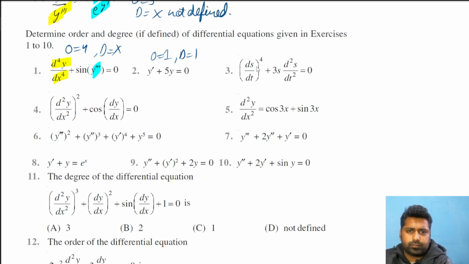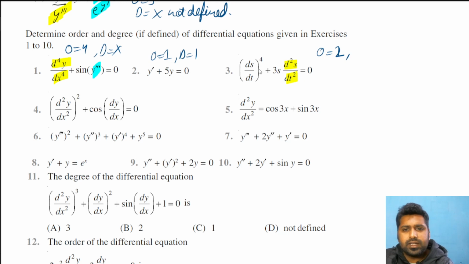Third, what is the highest order derivative? We have to look at whether 1 time differentiation is there or 2 time differentiation is there. 2 time differentiation is present here, so clearly order is 2. What about degree? First of all, check whether degree is defined or not.